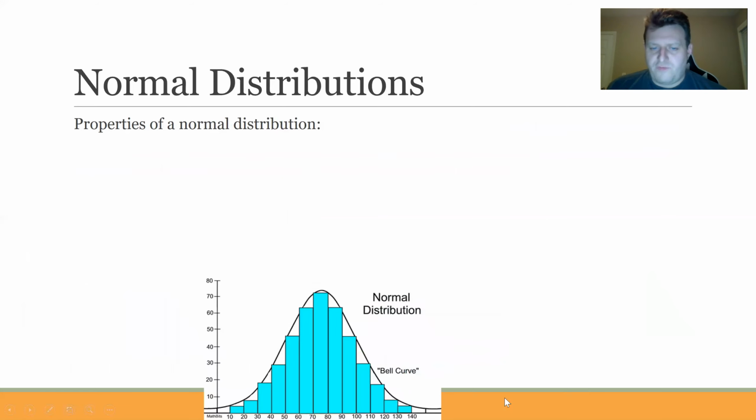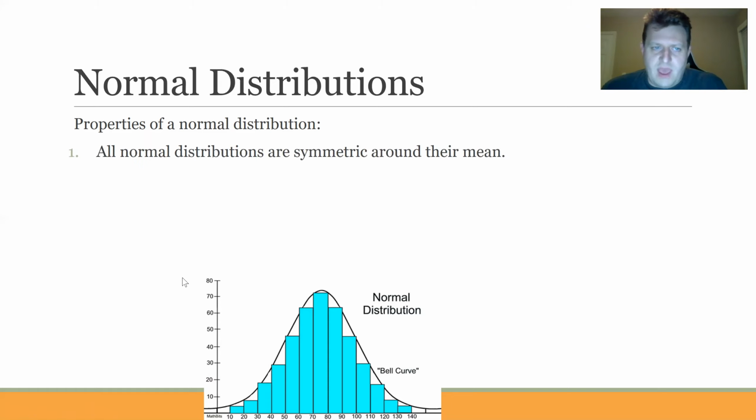First let's talk about some properties of normal distributions, and notice again the plural. There are normal distributions; there's not a singular normal distribution. We'll talk about why that's the case next slide. So what are some properties? All normal distributions are symmetric about their mean.